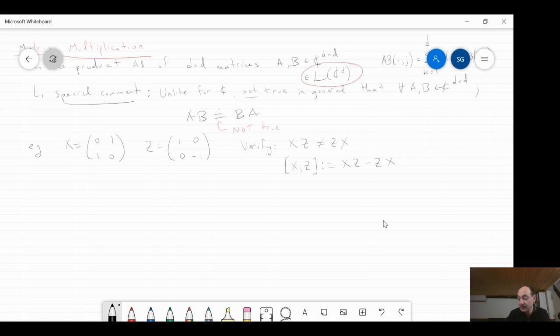In this case, if X and Z commute, then this commutator goes to 0. But of course, in this case, this is false. I'm telling you that X and Z don't commute, and therefore this is not true. Their difference is not 0. So this bracket, this commutator, is not 0.